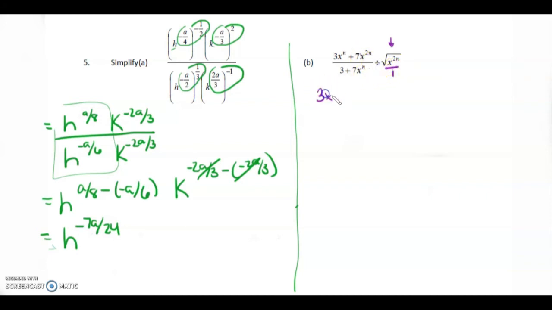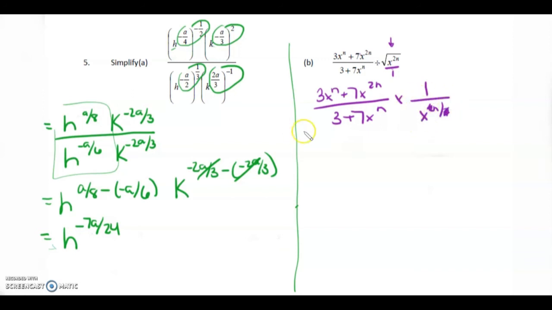So we have 3x to the n plus 7x to the n over 3 plus 7x to the n times 1 over, instead of writing it like that, let's write it as x to the 2n over 2. These 2's cancel out, it's just x to the n.